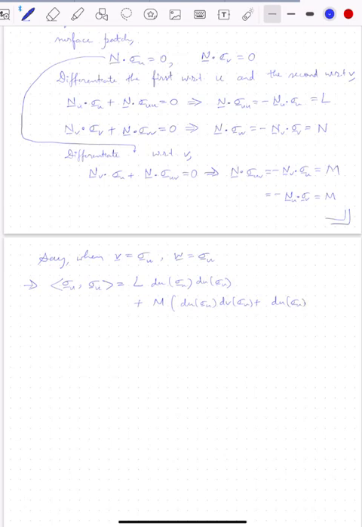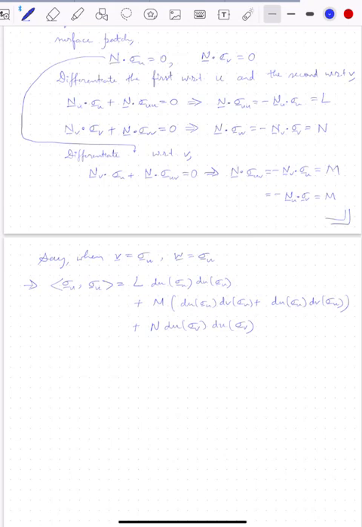So you have this one, and then dv(sigma_u), plus n du(sigma_v) du(sigma_v).